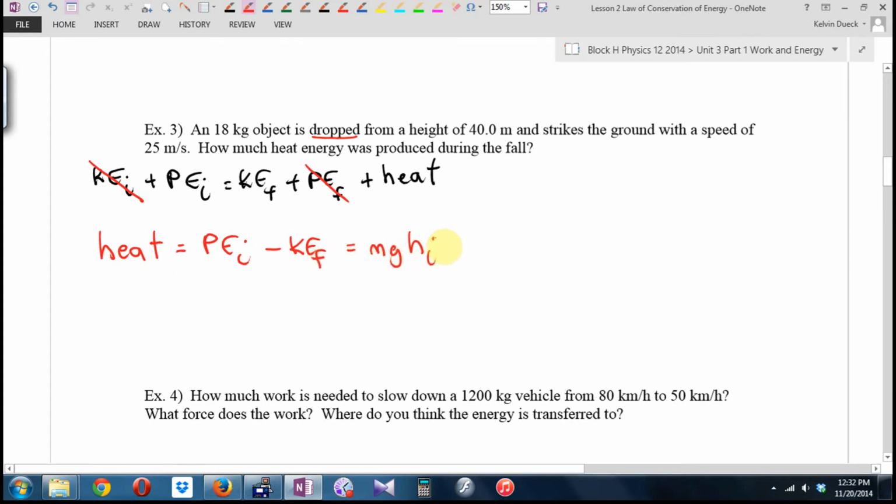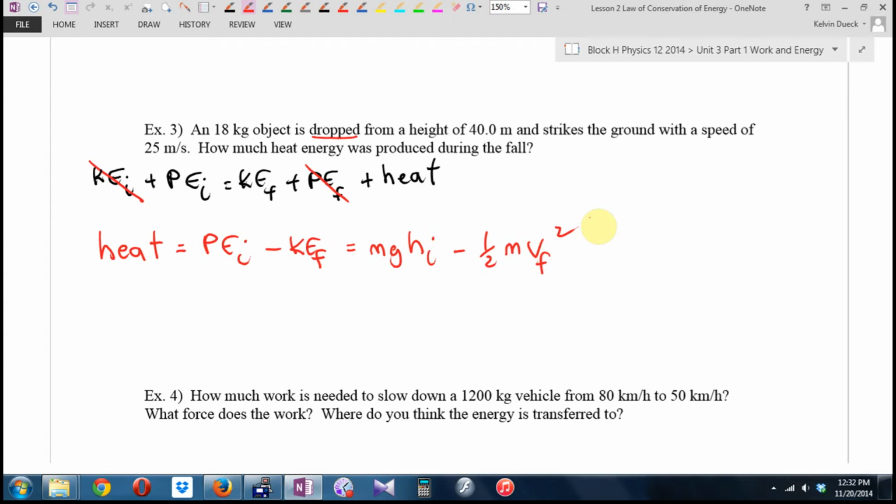MGH initial minus a half MV final squared. Do the M's cancel this time? Well, there's an M in kinetic energy. There's an M in potential energy. Is there an M in heat? Nope.